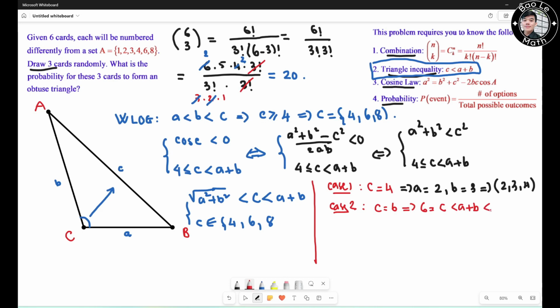So this must be less than 2b. I combine 6 and 2b right here, so I have 6 less than 2b, or b greater than 3, which means b equals 4.